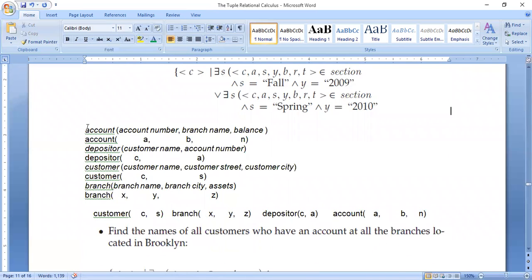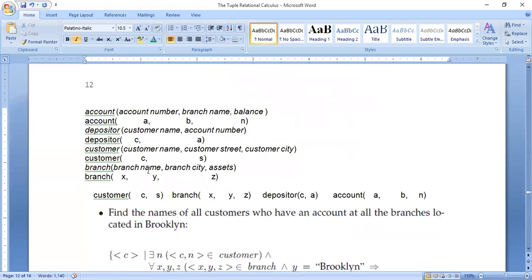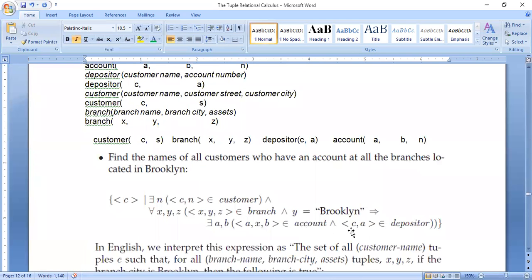Now let us come to another query, which uses the for all and the implies operator. Such queries are there when the query is, find the names of all customers who have an account at all the branches.